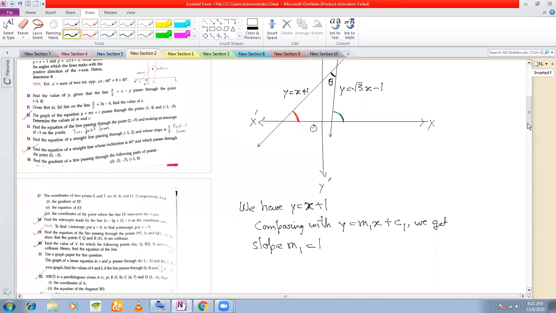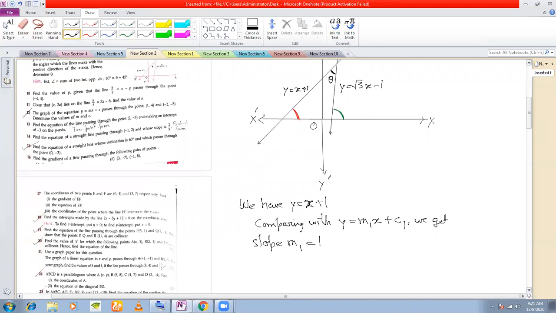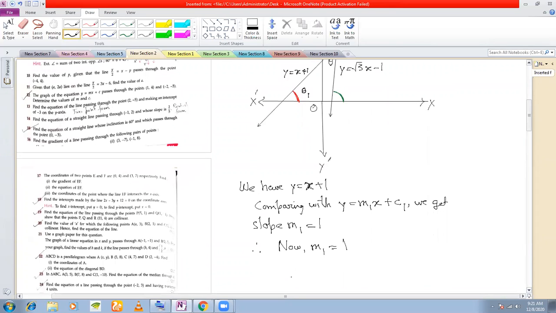Now see, if m1 is 1, that means if this line makes an angle, say theta 1, but what is the slope? What is the definition of slope? The definition of slope is the tan of the angle made with the positive direction of the x-axis. That means tan theta 1 must be equal to 1.